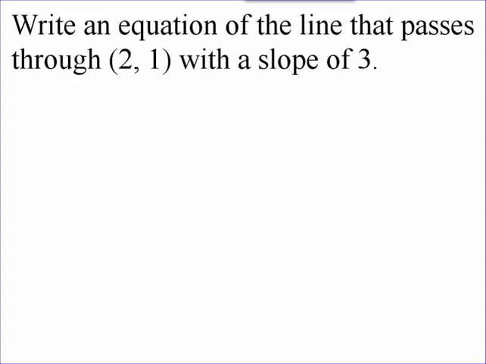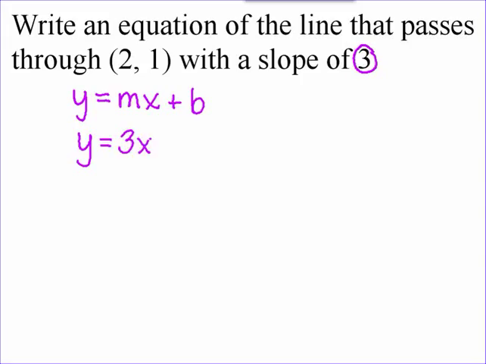The first thing you're going to do is focus on the slope. I know the slope is 3. So I'm going to use the equation y equals mx plus b, and in place of m, I'm going to put 3. So I end up having y equals 3x plus b.